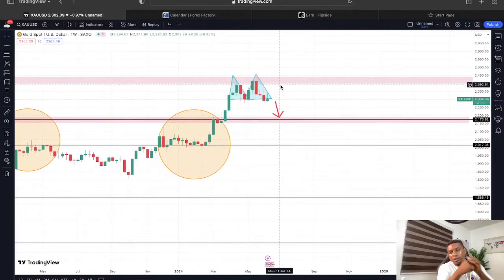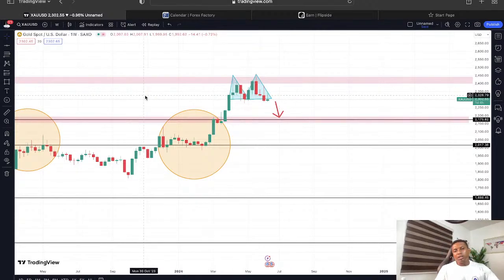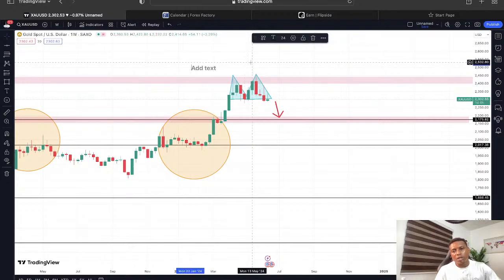That's like two confluences. We did not only spot a double top, we also spotted the double top on the resistance level. Now what does this equal to?